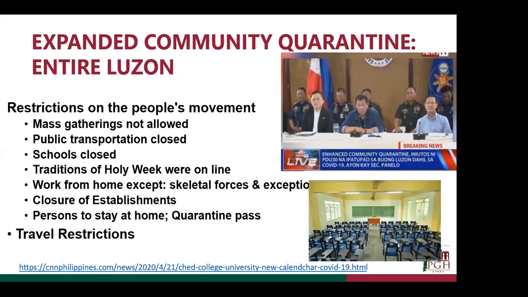And this expanded community quarantine meant there were no mass gatherings allowed. The entire public transportation was closed. School was closed. So students would remember this very well because everybody was then preparing for graduation or final exams, and suddenly schools were closed. All establishments, both government and private, had to work from home.